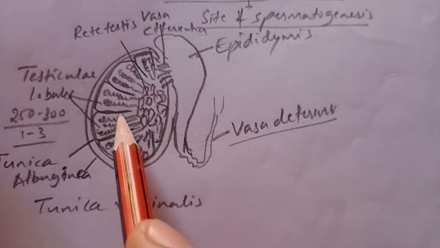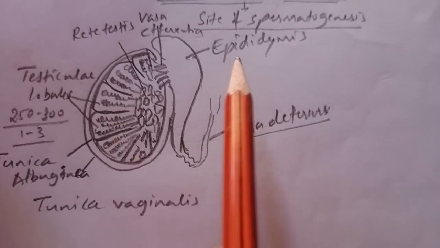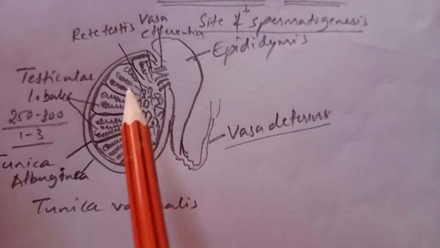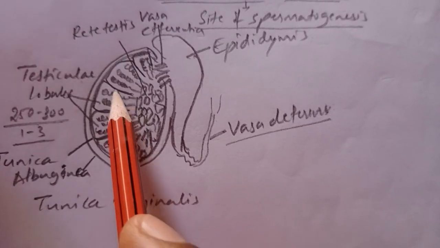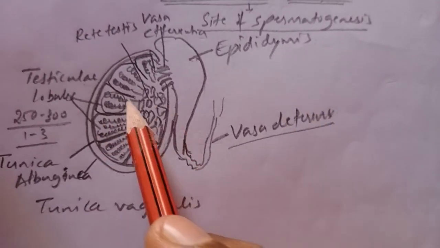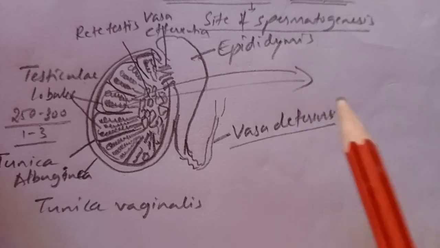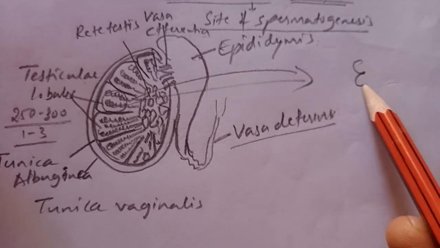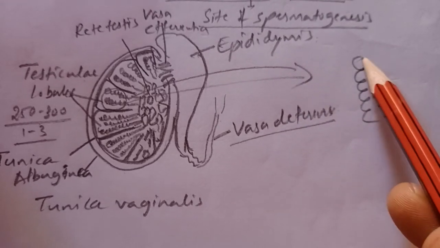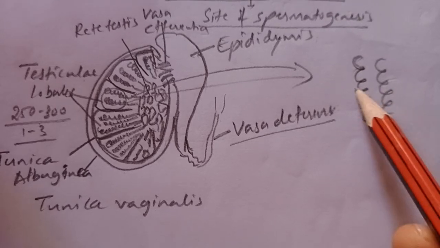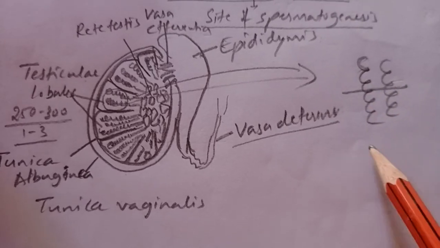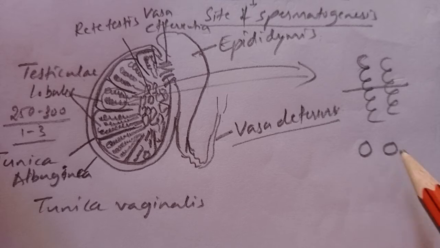So how to take the sectional view of the seminiferous tubules? These are the coiled tubes. I'll zoom out here. This is the coiled tubes like this. When you cut this coiled tube here, you will get this type of structure, right?